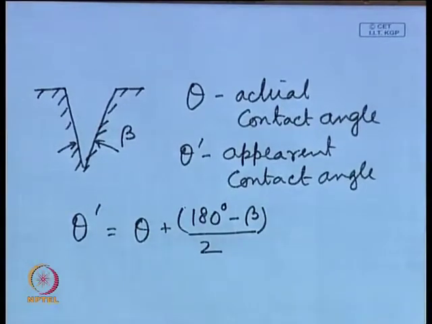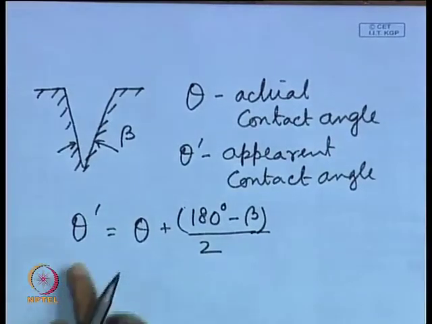Now, you see, this relationship can give rise to a very unique situation, that sometimes theta dashed can be even more than 180 degree. Depending on the value of beta, theta dashed could be more than 180 degree, and the smaller the value of beta, that is the included angle of the conical pore, the possibility of theta dashed becoming more than 180 degree increases.